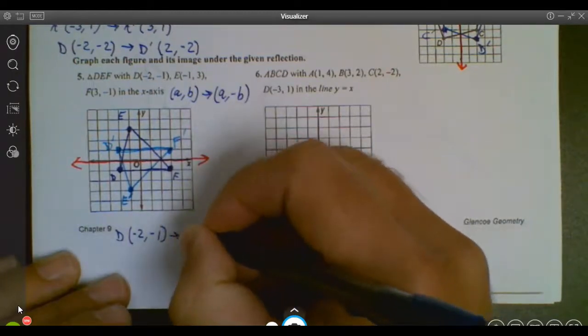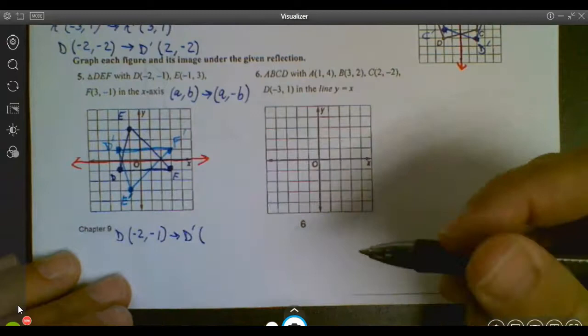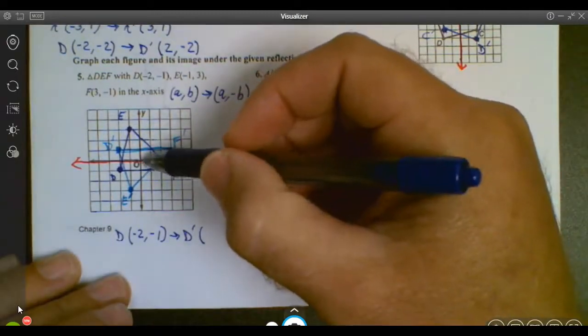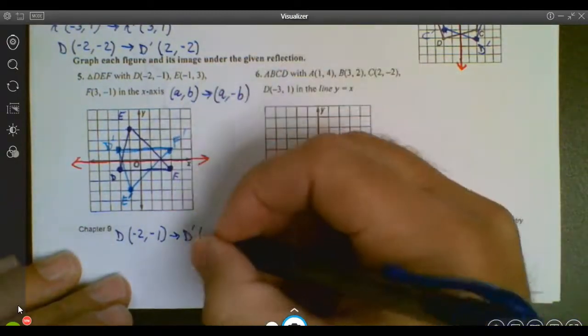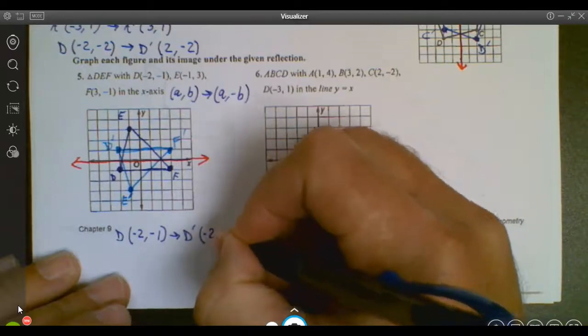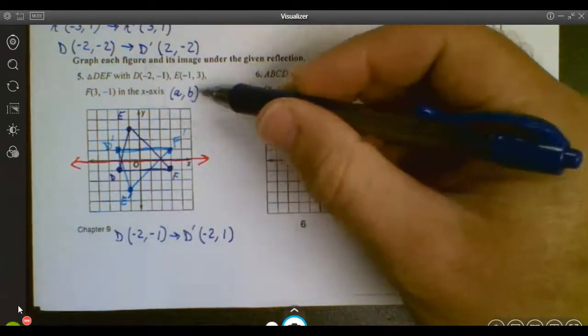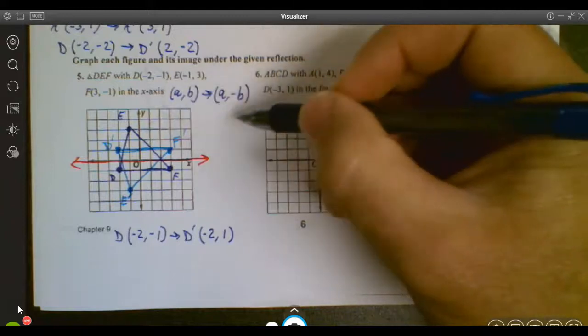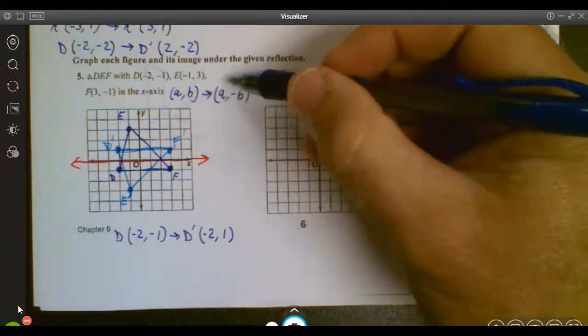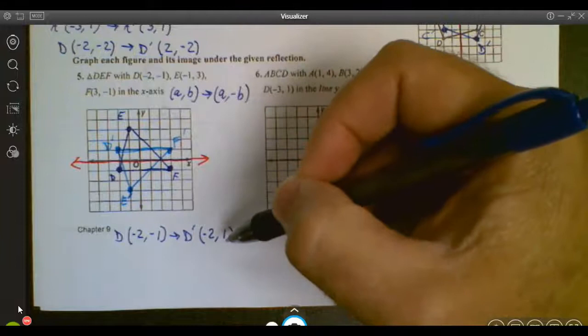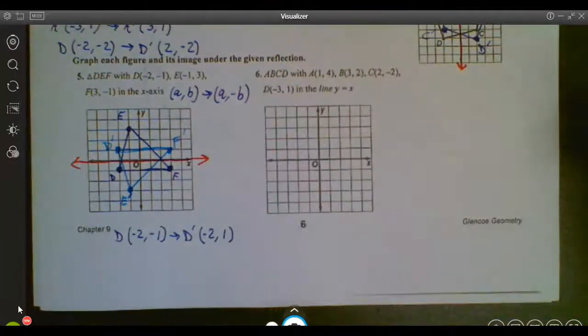D prime is what? D prime is now (-2, +1). And again, notice I could have gotten that without looking at the graph just by applying this rule. All I had to do was change the sign of my y coordinate to get my image. And I could do that with all the points.